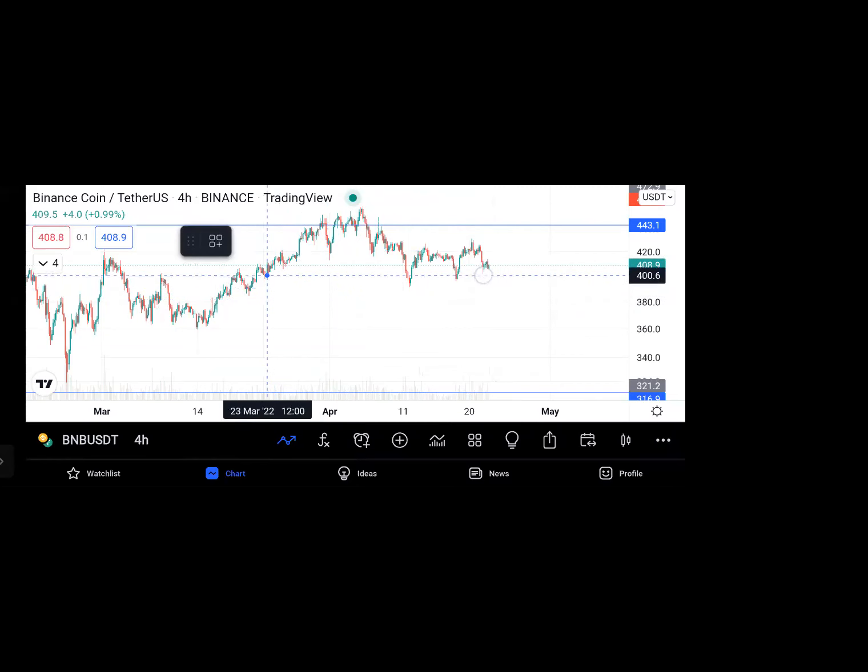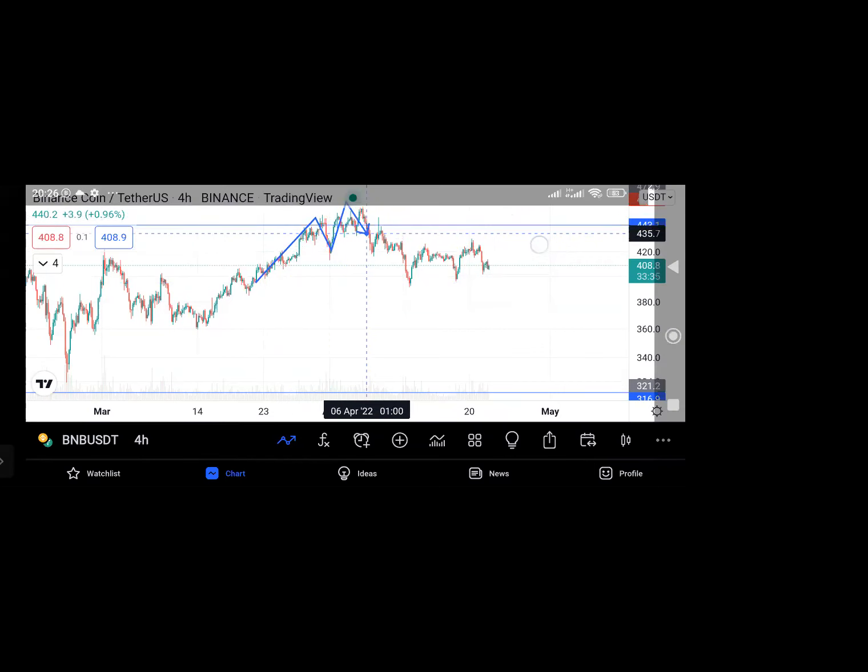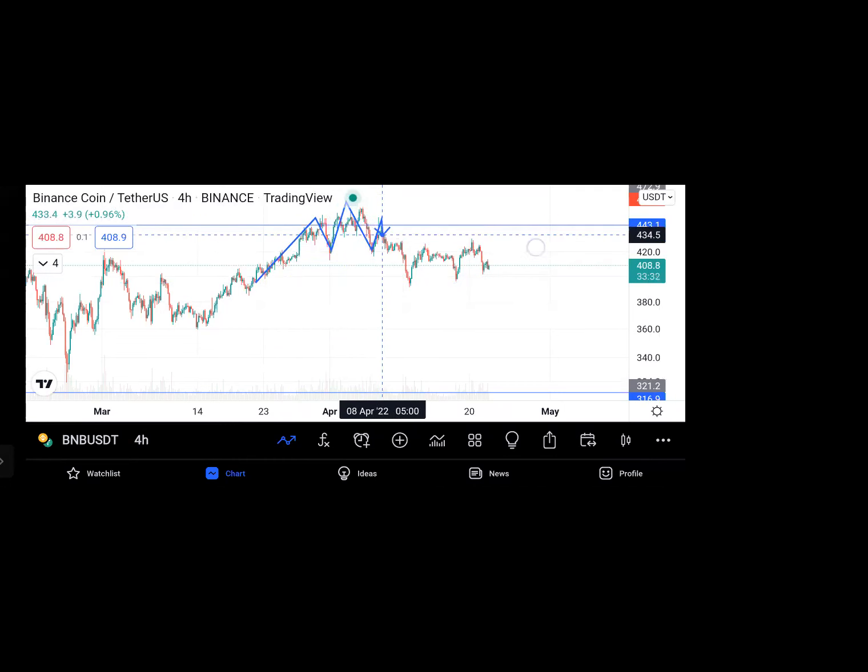The left shoulder, the head, and the right shoulder, the neckline breakout, the little retest, and the movement.